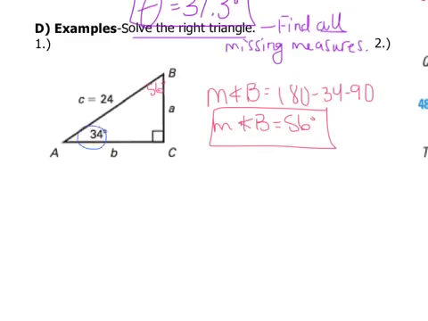With respect to that 34-degree angle, if we're looking for A, that's the opposite side. And then we're given the length of the hypotenuse. So opposite and hypotenuse is what? Sine. So we will say sine of 34 degrees is equal to A over 24.